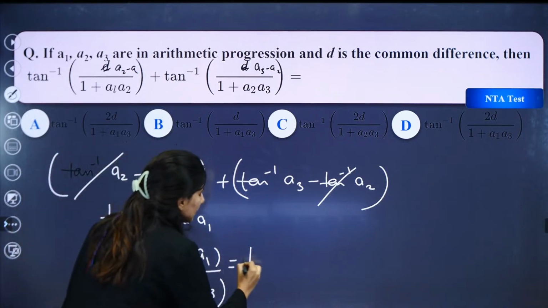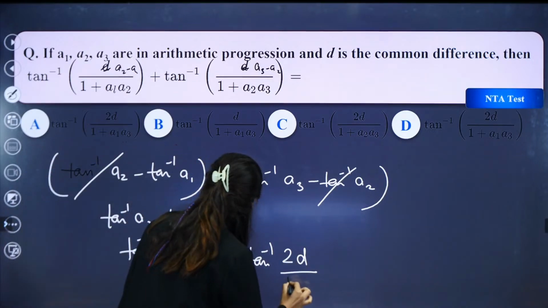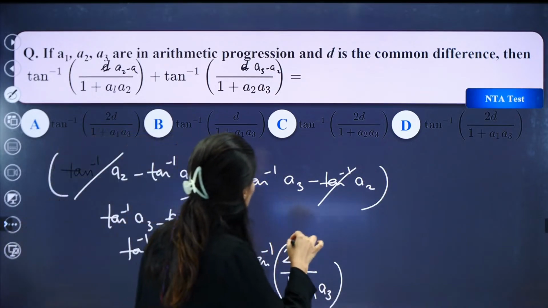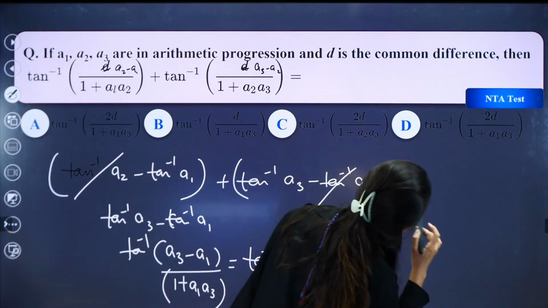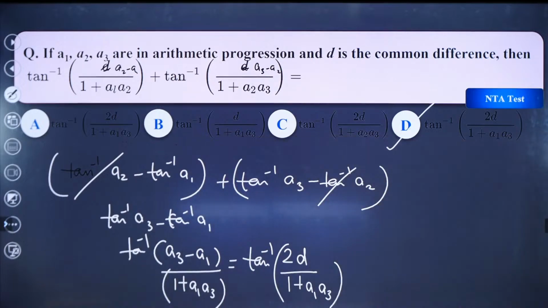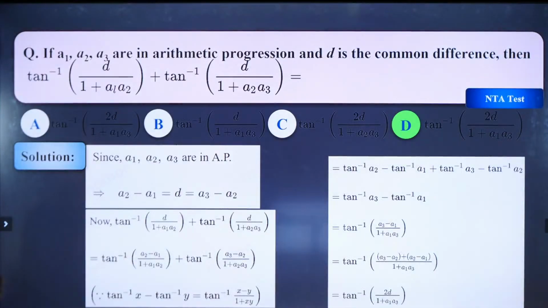A3 minus A1 is nothing but twice of D. 1 plus A1 A3 is your final answer, which is matching with option D. Yes, it is 2D upon. I hope that this is fine. So option D is absolutely right.